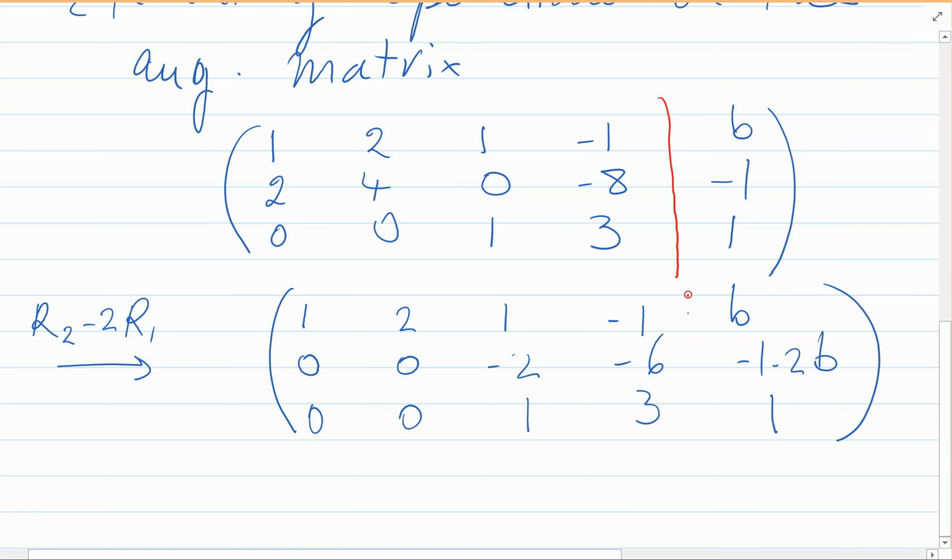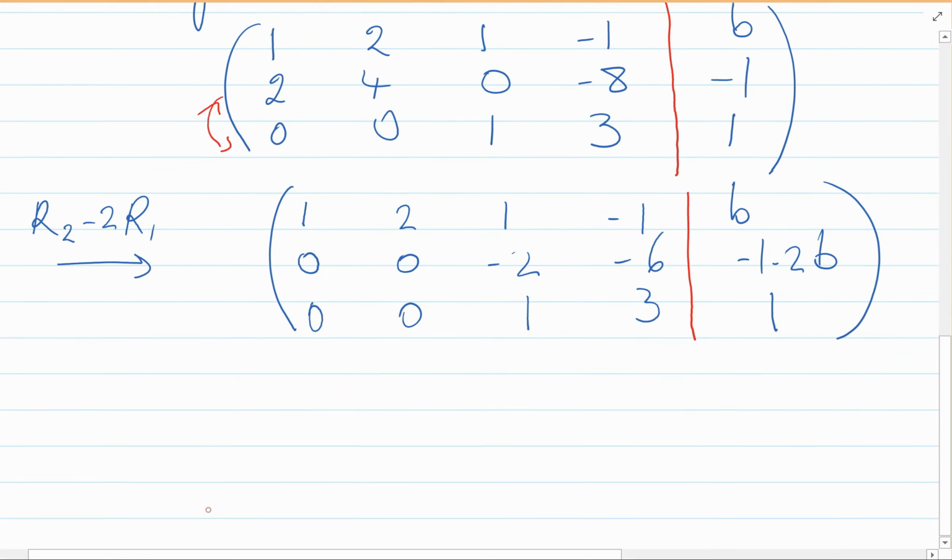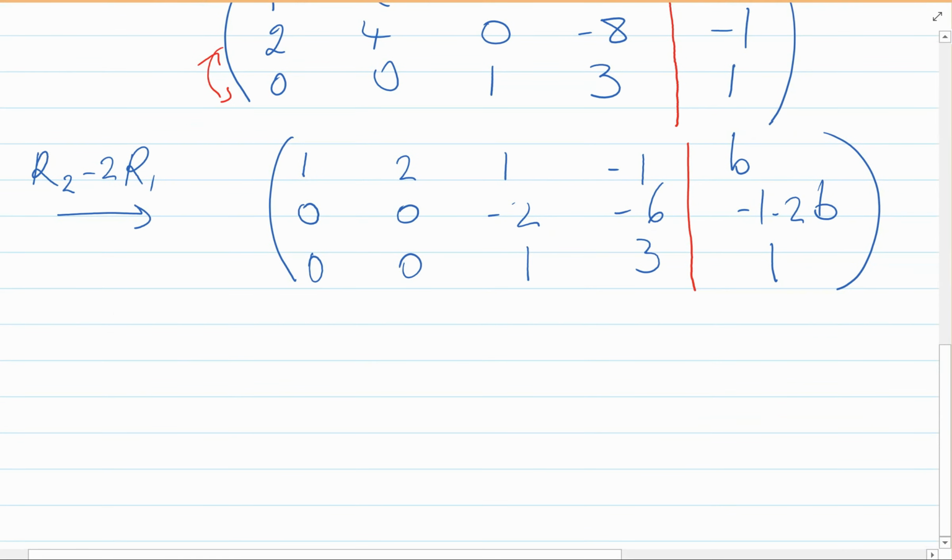So again, by the way, just a simple comment, I could have done an exchange between row 2 and row 3. I could have done that because I already have the zeros. Anyway, so now let me exchange, because I have the 1 here, the leading term.